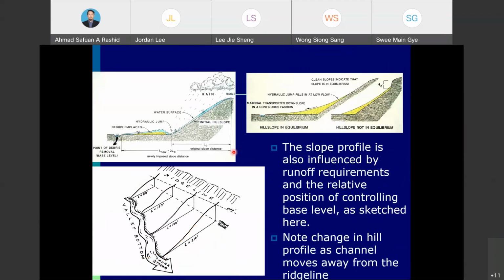The slope profile is also influenced by runoff requirement and the relative position of the controlling base level. So this is due to the runoff, especially from water or river. There is no change in the hill profile as the channel moves away from the ridge line.